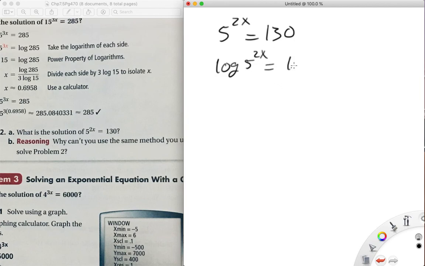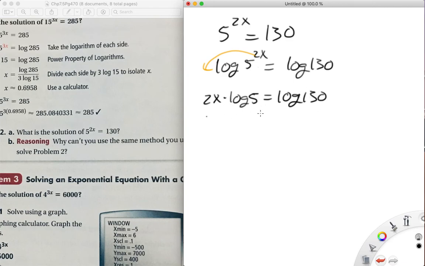and we're going to log 130. Using our properties of logs, the 2x is going to drop to the front. And we're going to have 2x times log of 5 is equal to log of 130. We're going to divide both sides by 2 and by log of 5.